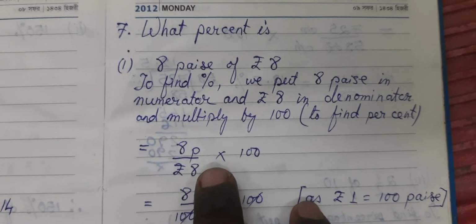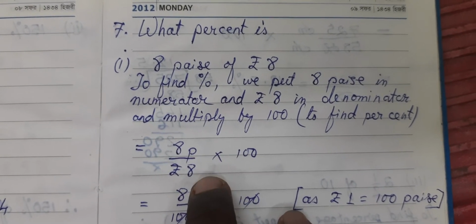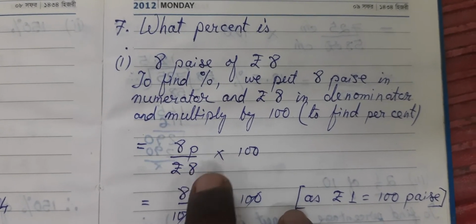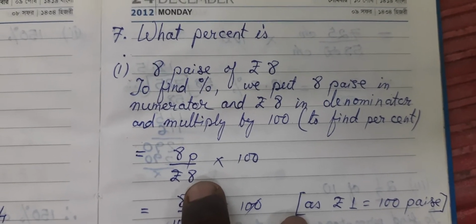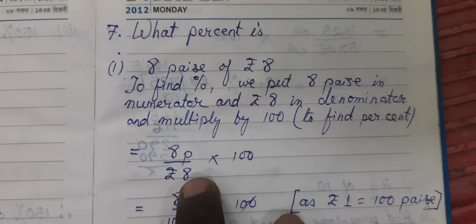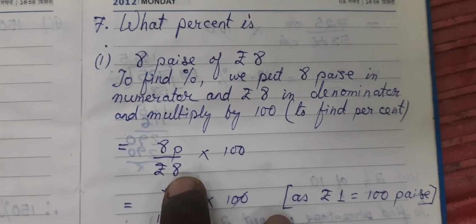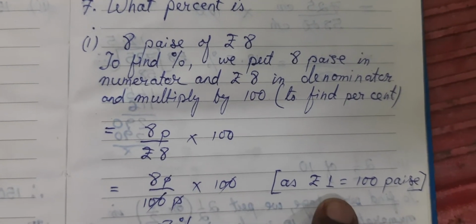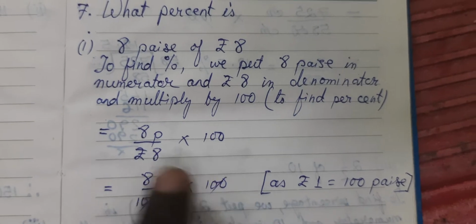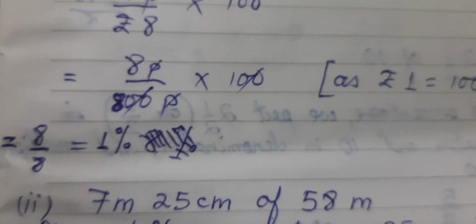But the problem with this fraction is both the units in the numerator and denominator are not same. Numerator is in paise, denominator is in rupees. We need to convert the rupees to paise in order to make both numerator and denominator of the same unit. As we know, 1 rupee has 100 paise, so 8 rupee has 800 paise.